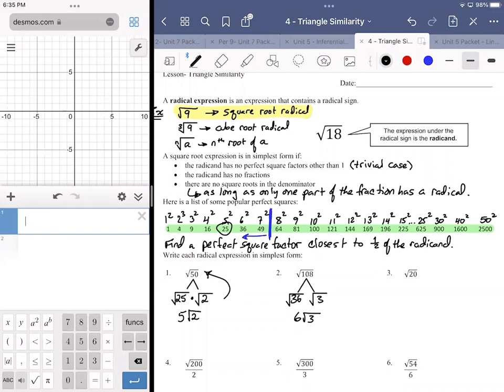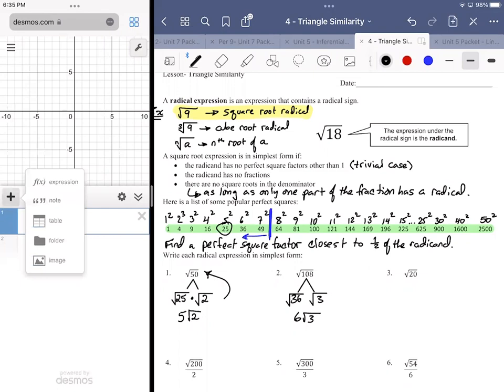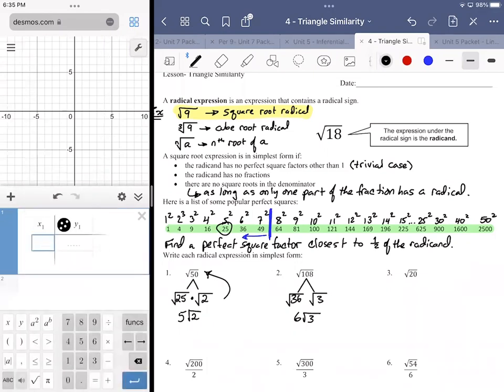So let's just give it a shot and see how it goes. When it comes to Desmos and simplifying radicals, you do need a list of perfect squares. The way we handle that is by making a table. You hit that little plus icon and select table.